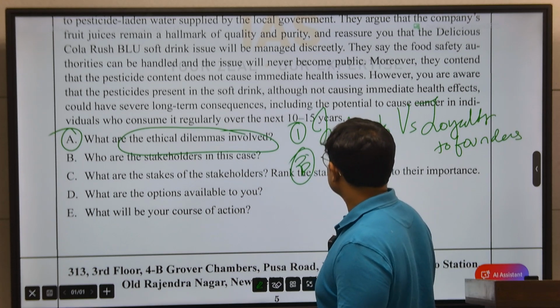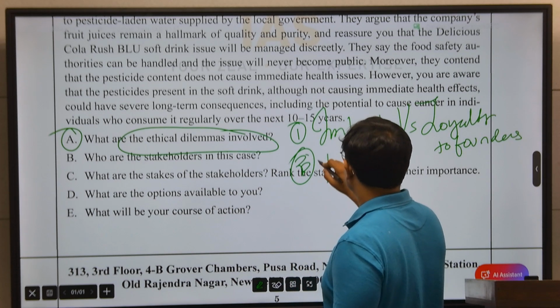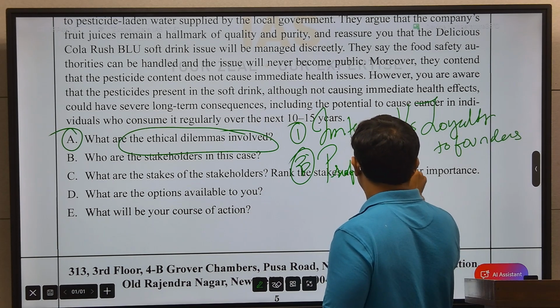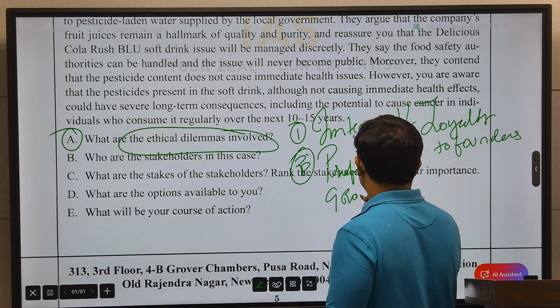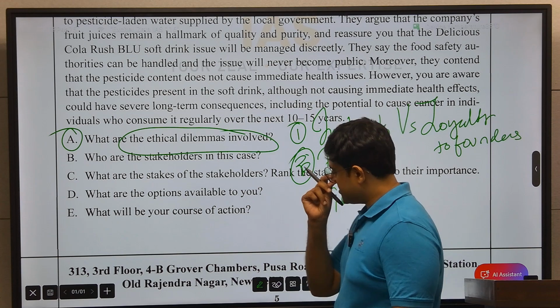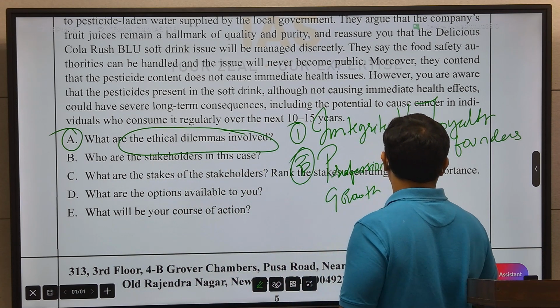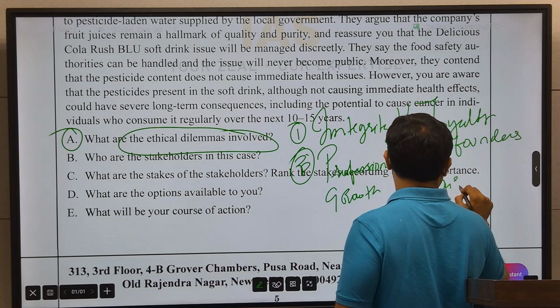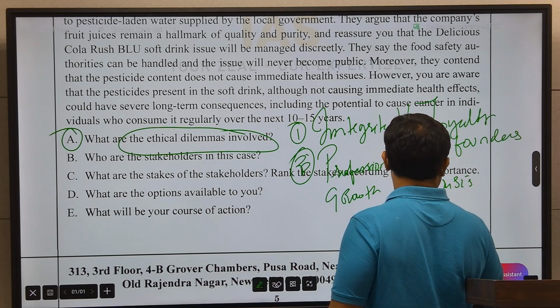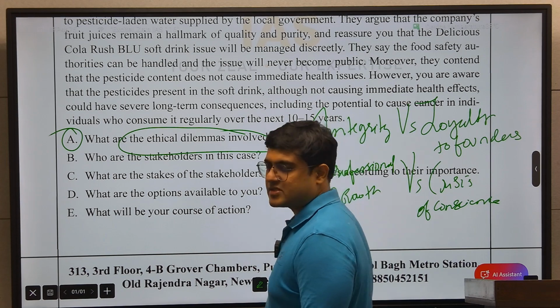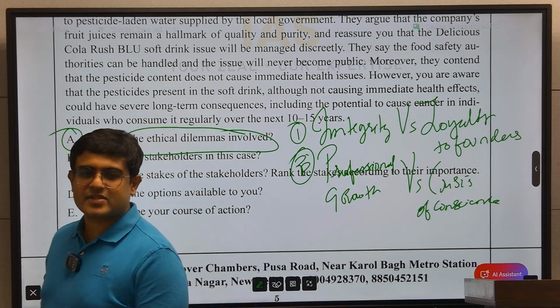Second, personal growth, professional growth. The founders are saying you will get a promotion, etc. Professional growth versus what? Professional growth versus crisis of conscience.